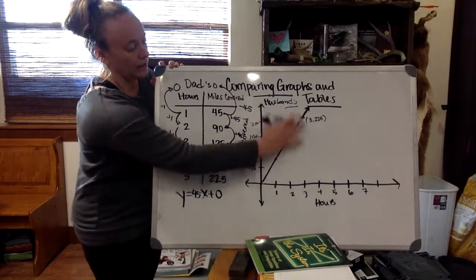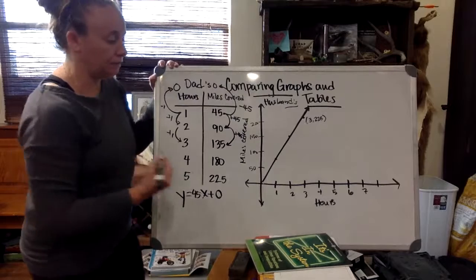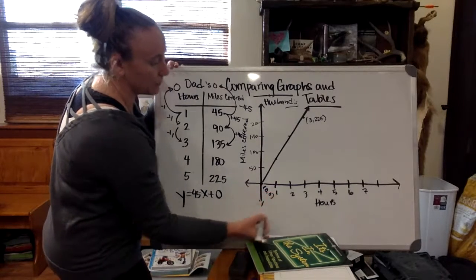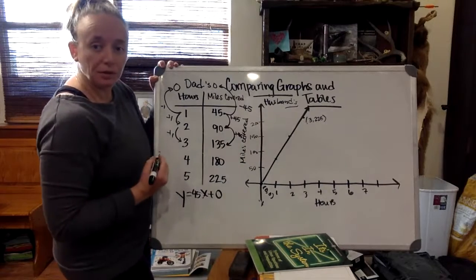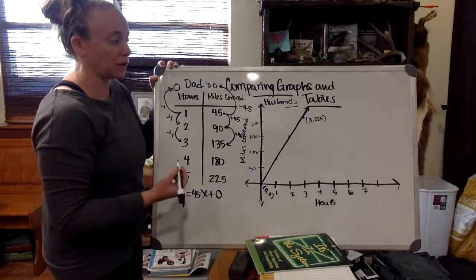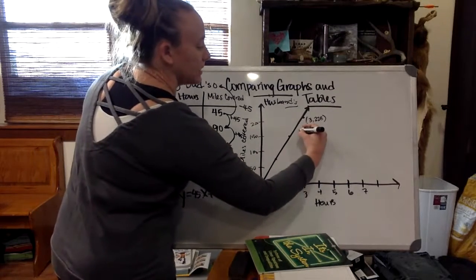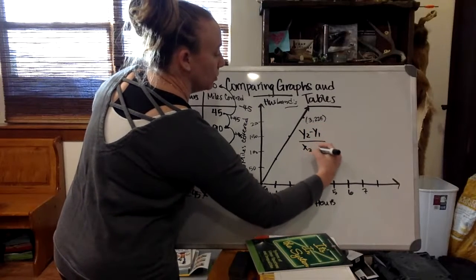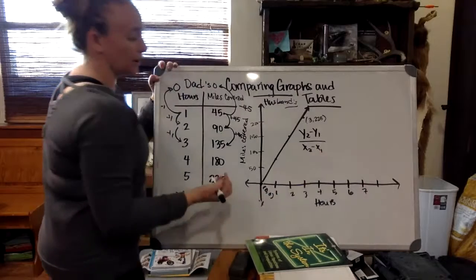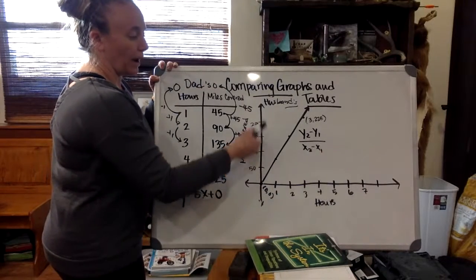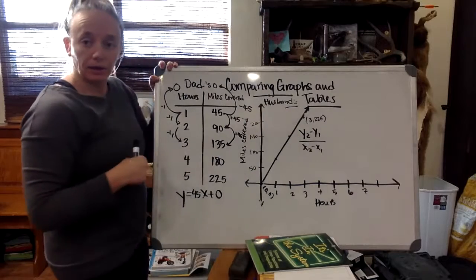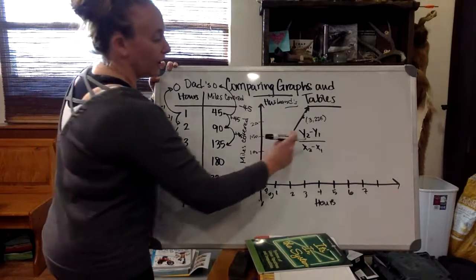If I look at this graph now, I have 2 points. I have this one at 0, 0, where I'm starting, and this one at 3, 225, so I can use my slope equation. Our slope equation is y2 minus y1 over x2 minus x1. I can also look at this in terms of rise versus run.